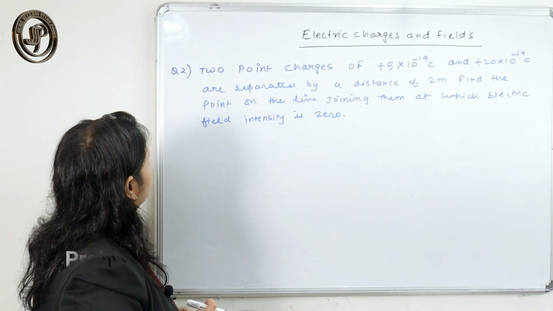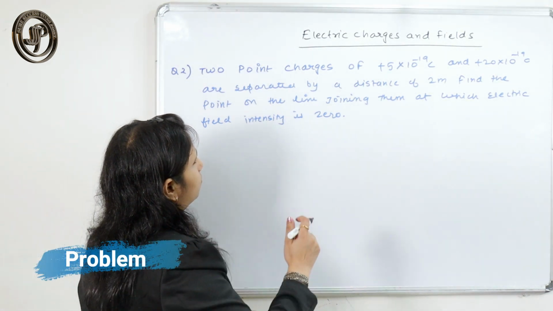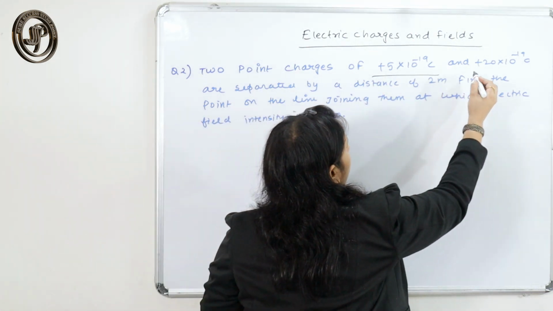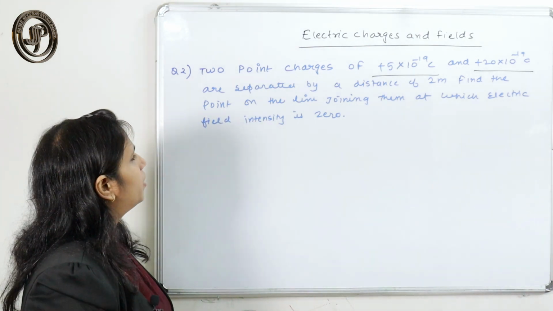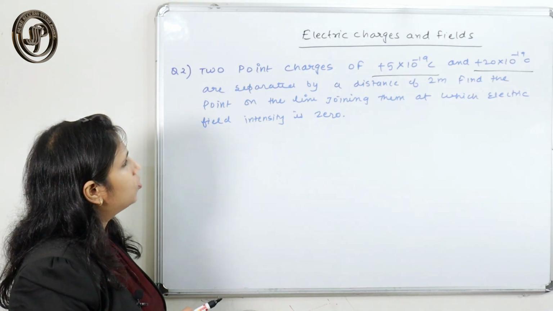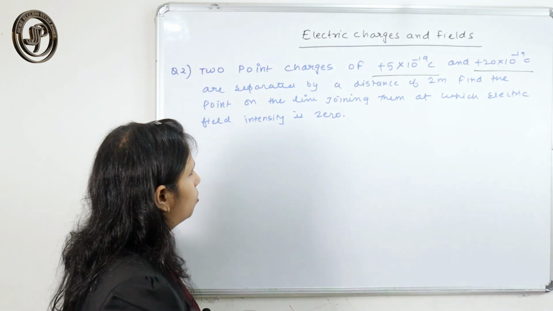See, one more question. Here is a question. Two point charges plus 5 into 10 raised to power minus 19 coulomb and plus 20 into 10 raised to power minus 19 coulomb are separated by a distance of 2 meter. Find a point on the line joining them at which the electric field intensity is 0.